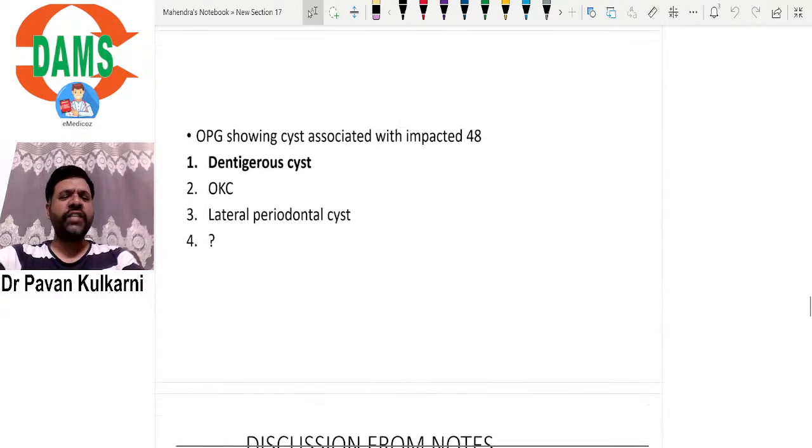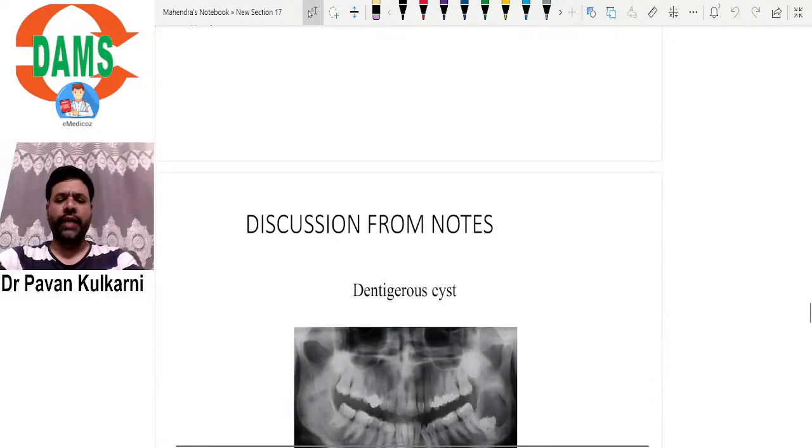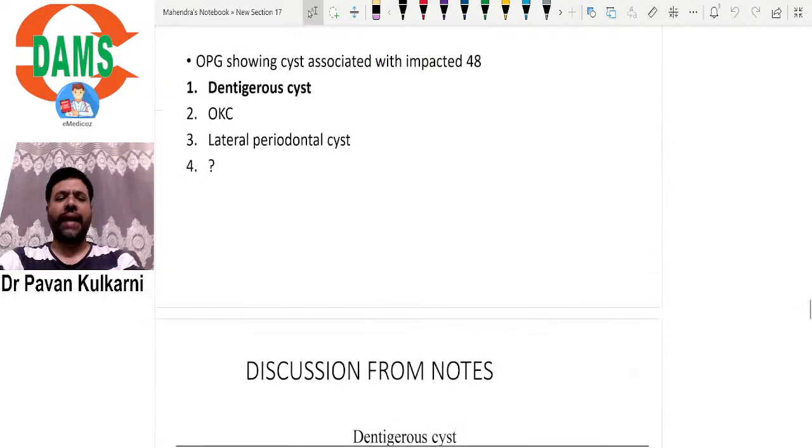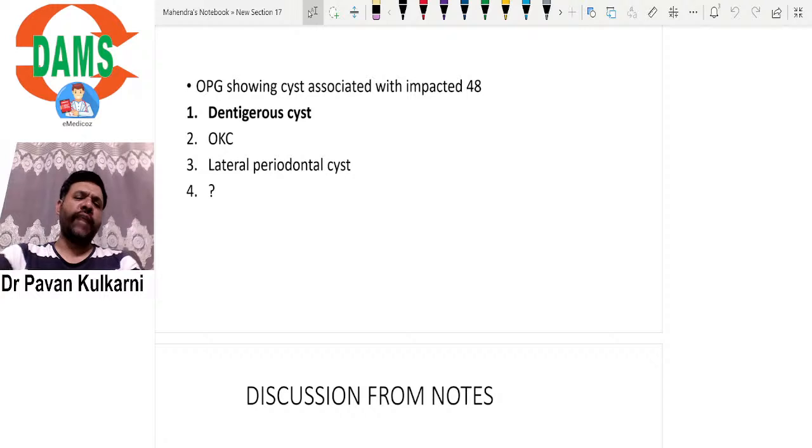Okay, OPG showing cyst associated with impacted 48. There was no OPG, I'll just show you that OPG. This is the OPG which we have shown, the 38, same OPG with an impacted 48. There were options of dentigerous, OKC, lateral periodontal cyst and other.